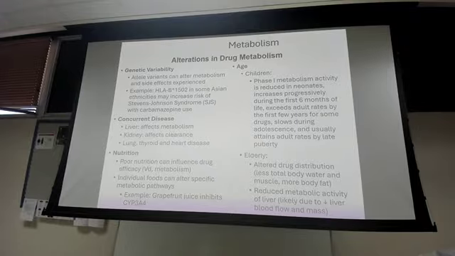So your genetic variability. Some races have different types of genotypes that are gonna be common a lot in that race. We're gonna talk about this, but HLA-B 1502, which is in some Asian ethnicities, you will see that they're more likely to get SJS or Stevens-Johnson syndrome whenever they're taking certain medications.